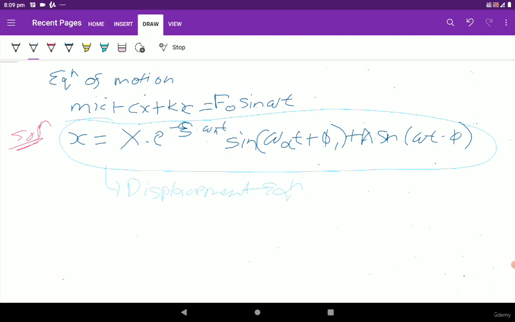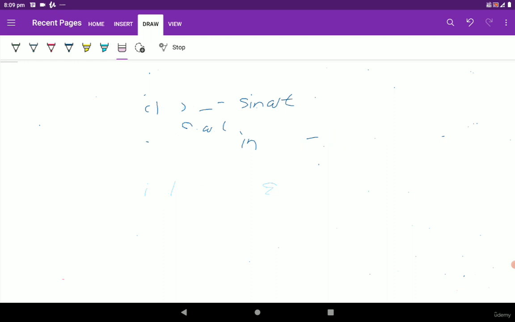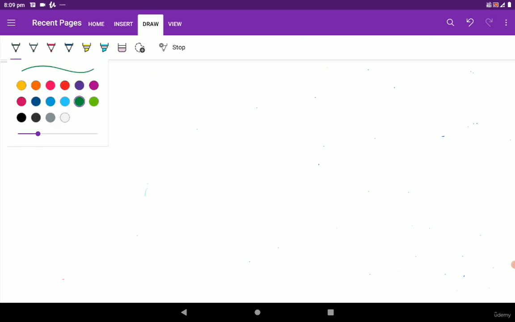When we are going to plot the complementary function with respect to the time, we are going to get a curve something like this. So we will be getting a curve when we plot the complementary function with respect to the time, like this.